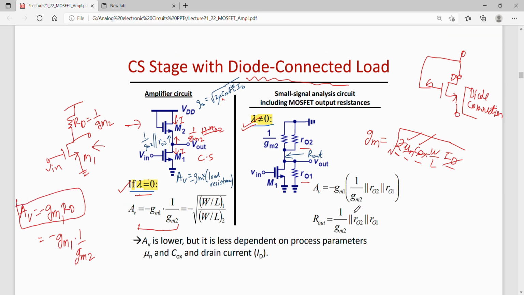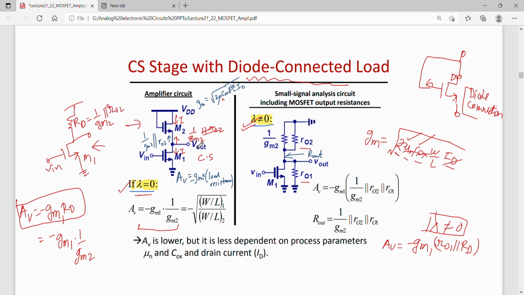Now the gain Av would be minus gm1 times ro1 parallel to RD when lambda is not equal to 0, and RD is this time 1 by gm2 parallel to ro2.